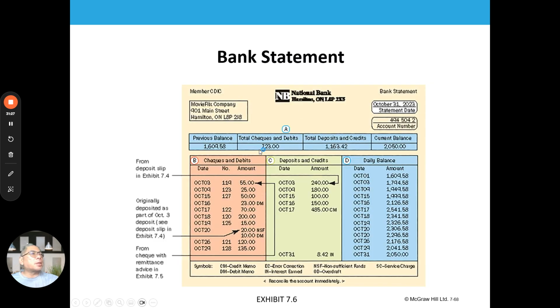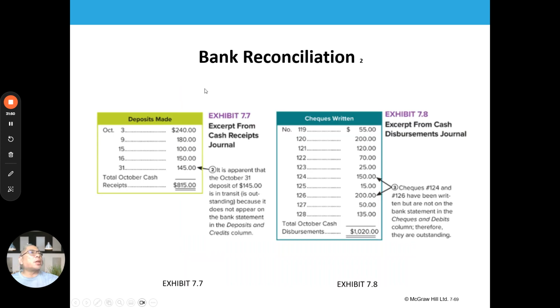Look at this detail here. This is an example of the DM, NSF and so on. The terms are available here: CM means credit memo, DM is debit memo, NSF means non-sufficient funds, EC is error, IN is investment earned, OD is overdraft. In terms of bank reconciliation, we see here Exhibit 7.7.